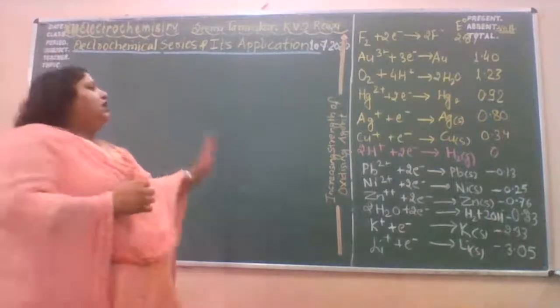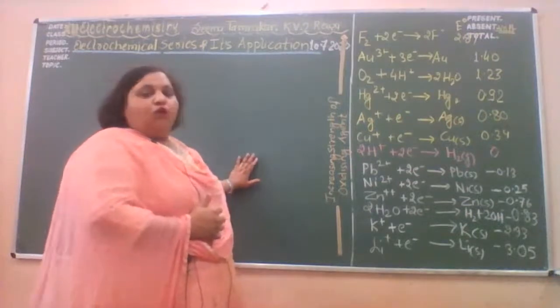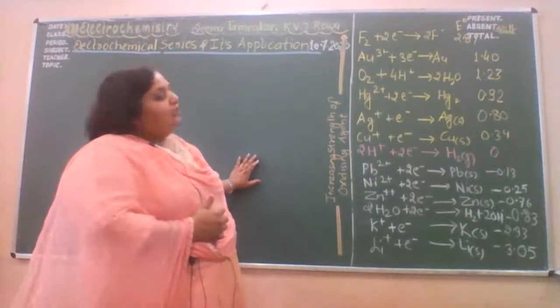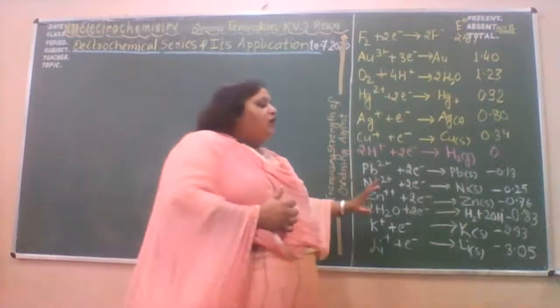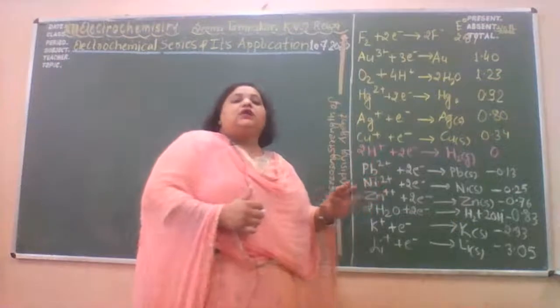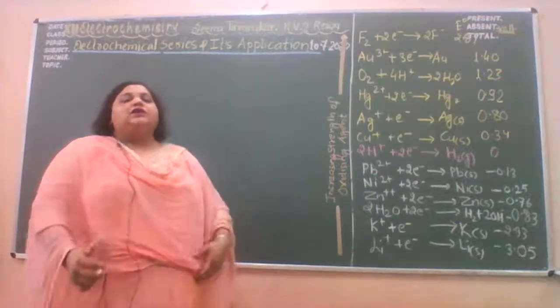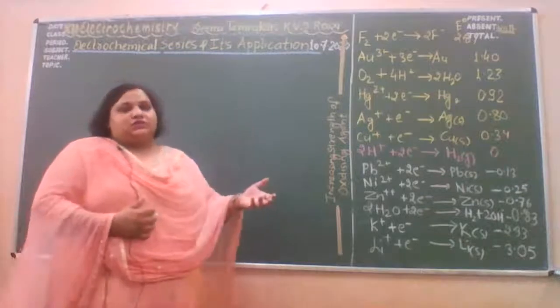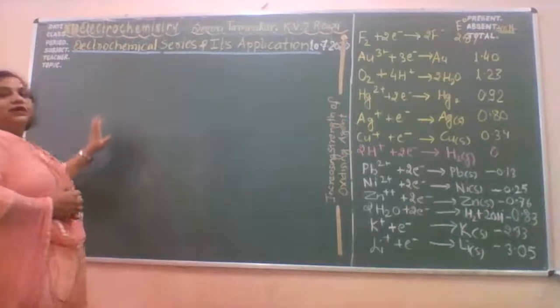In this condition, the standard electrode potentials of different elements have been measured, and on the basis of the standard electrode potential values, the elements are arranged in a series, in a sequence, and this sequence is called the electrochemical series.